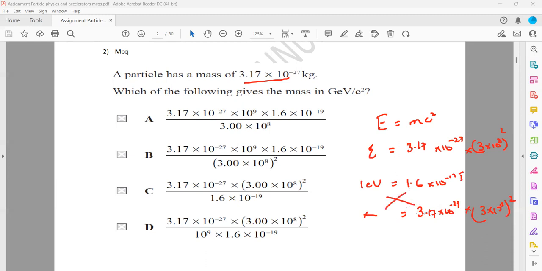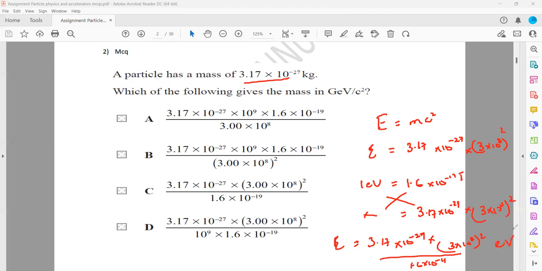So we cross multiply, and this whole factor will be divided by 1.6 × 10^-19. When we divide, this answer will be in electron volts.